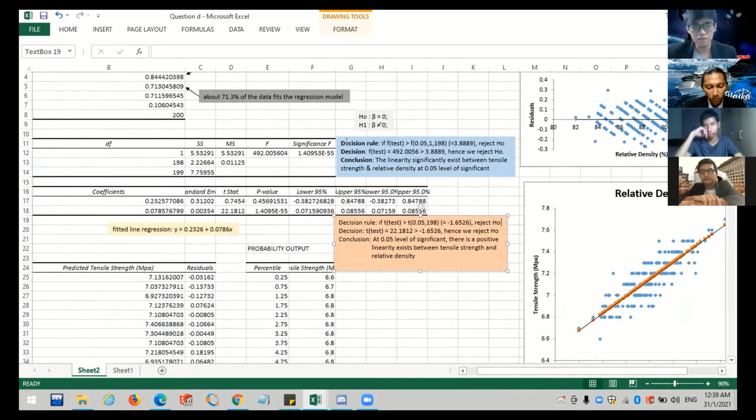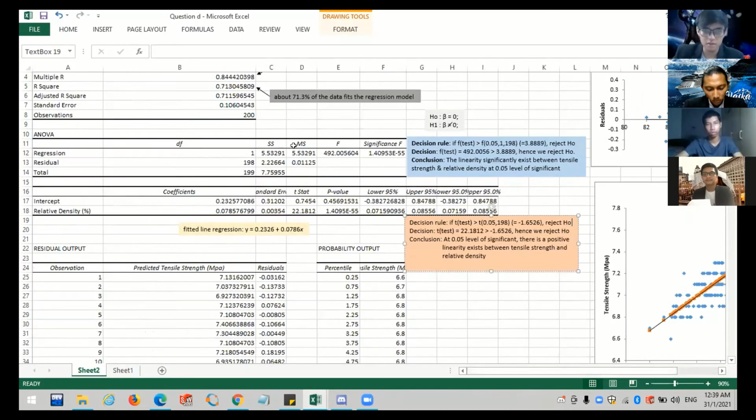So the decision rule is: if F test is larger than F critical at 0.05, with 1 and 198 degrees of freedom, which we get from the table, the value is 3.8889. If F test is larger than this value, we have to reject H0.